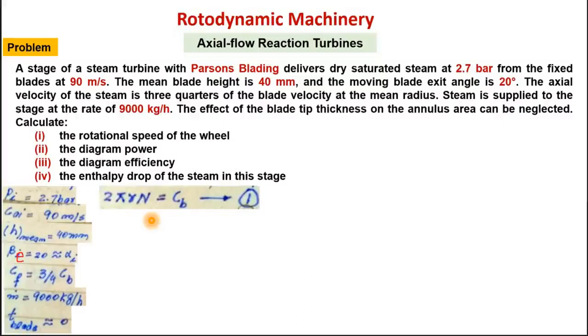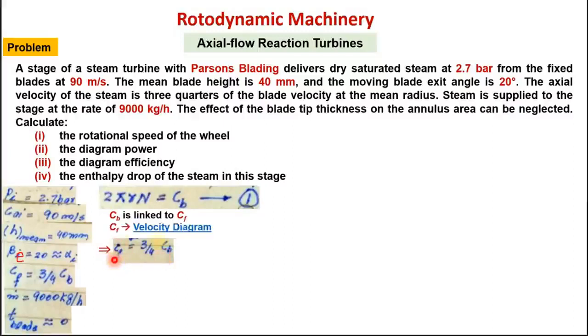So now we have to see how we can find out this R and CB. So CB is here from the given data is linked with CF, right? So CB is linked to CF, and for CF, what is given, CF is equal to 3 by 4 of CB, right?